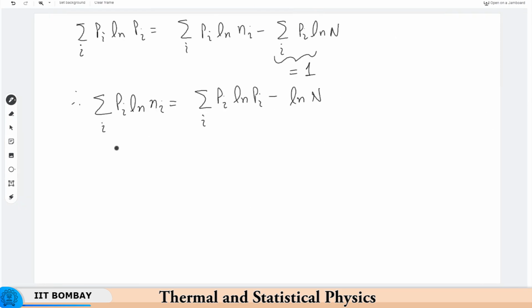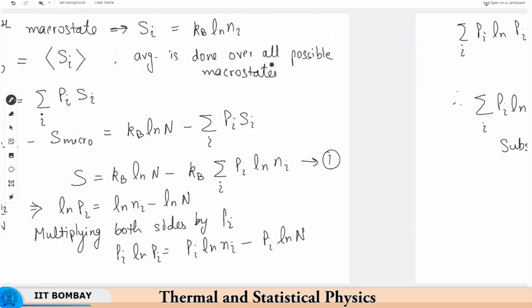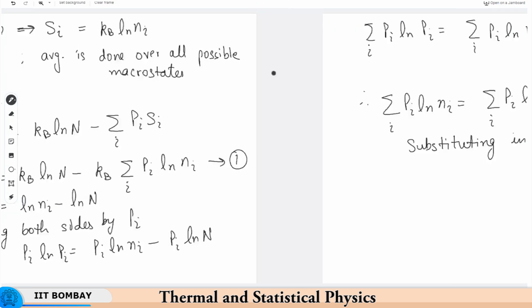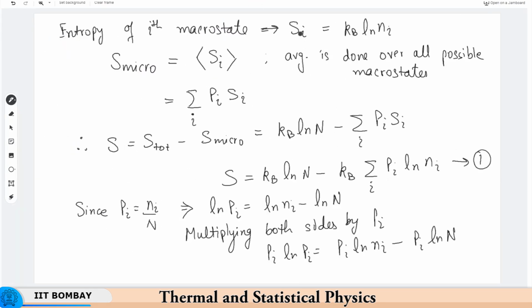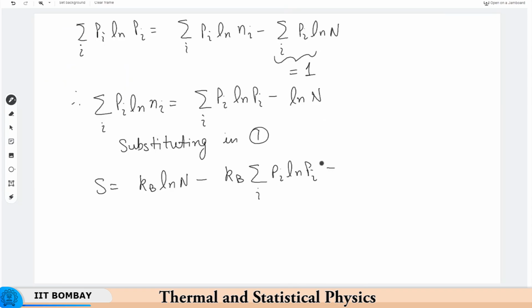Now we are ready to substitute this quantity here. Substituting in 1, we can write S equals Kb log n. So, S becomes Kb log n minus Kb times sum over i Pi log Pi, minus, sorry, this should be plus.